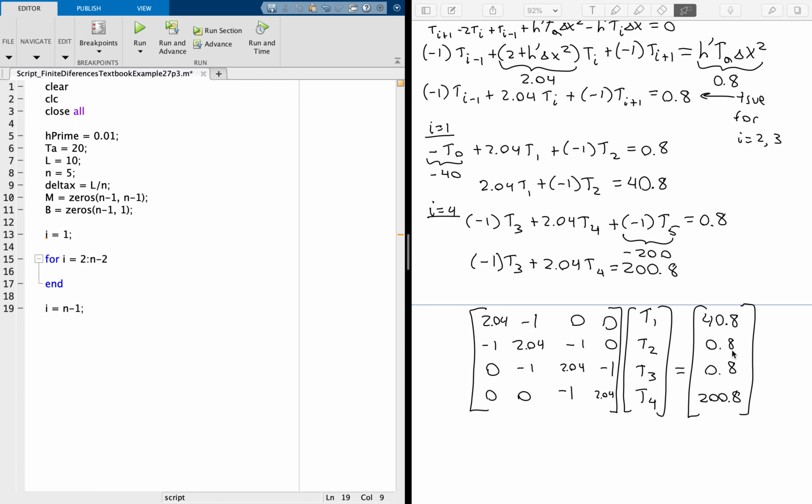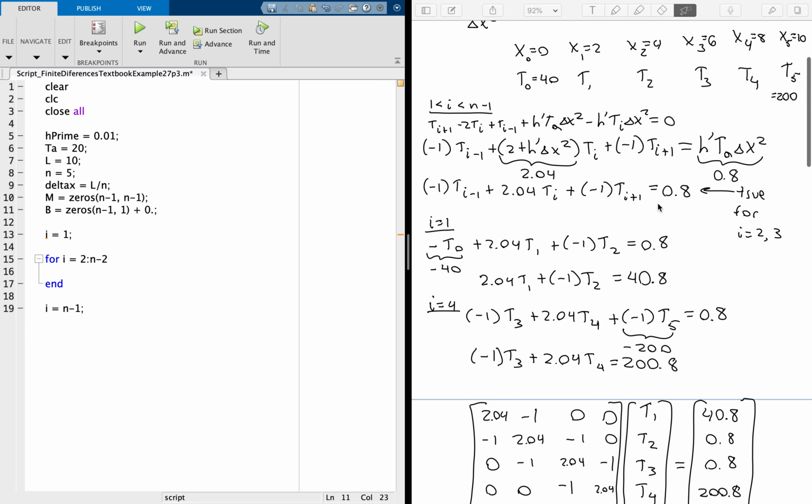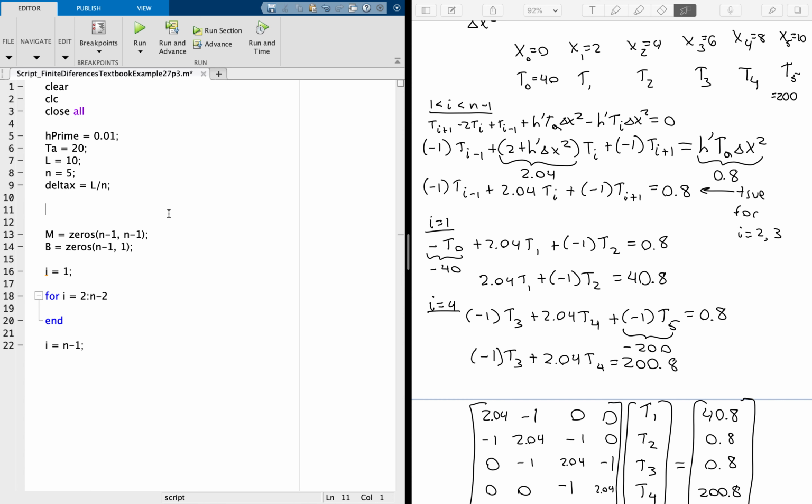Remember that all of the b terms are actually going to have 0.8 in them. Actually, sorry, that's not necessarily 0.8. What is that? H prime TA. Let's do it this way. I'm going to say C1 equals H prime times TA times delta X squared.